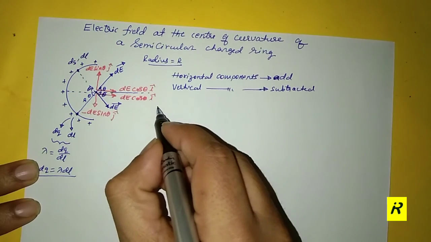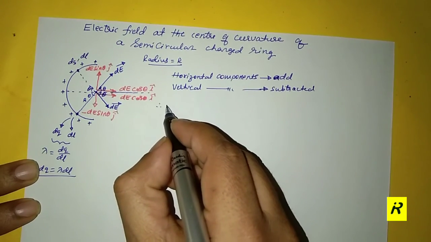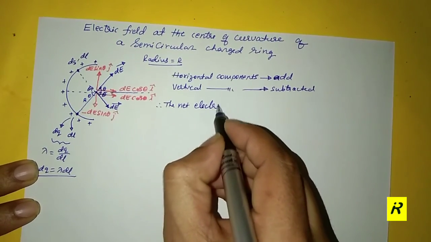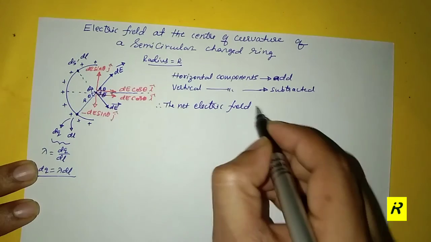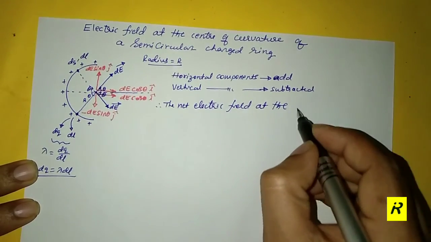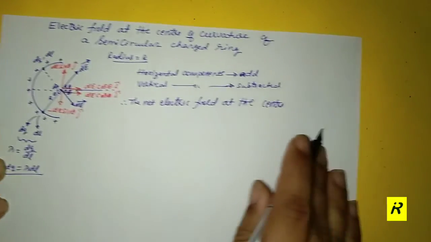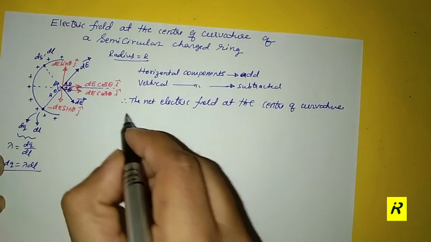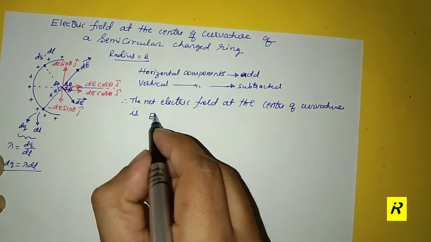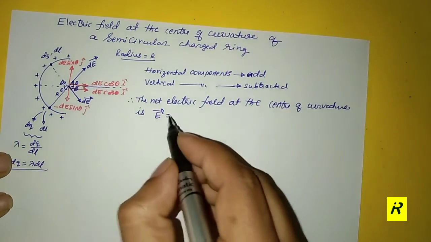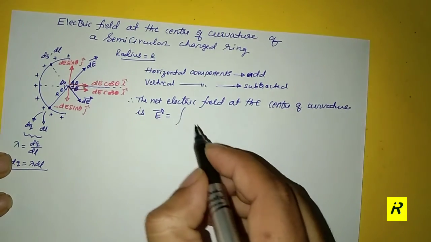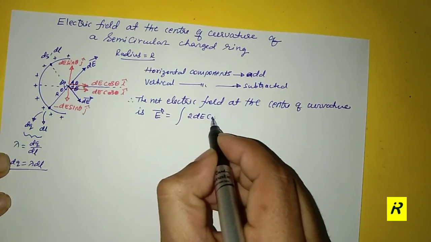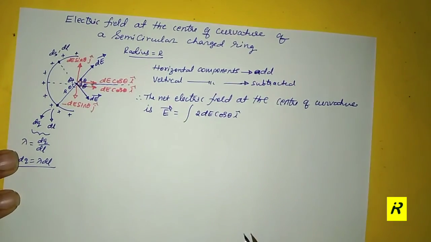That means what I can write is the net electric field at the center of curvature, E, is equal to the integration of the sum of these two, it is 2 dE cos theta i cap.